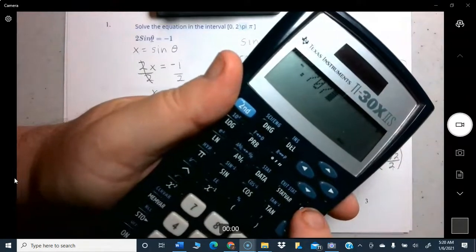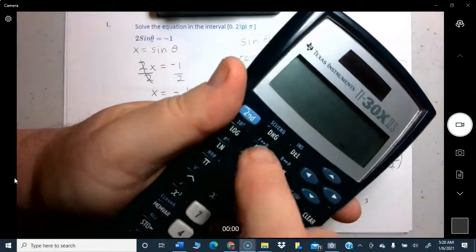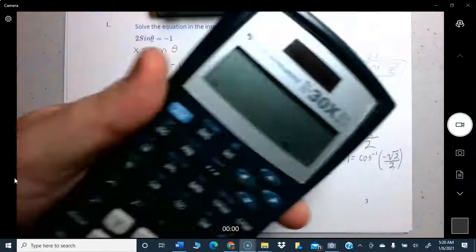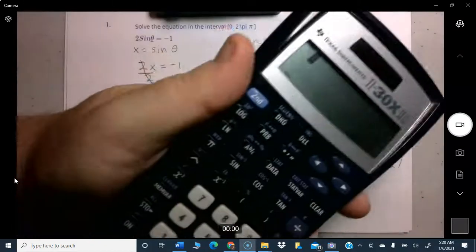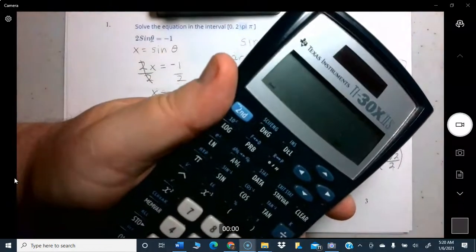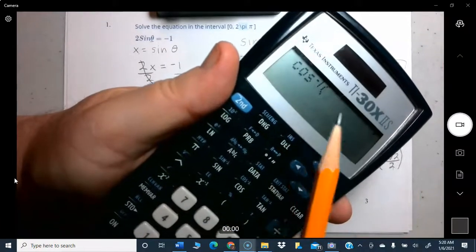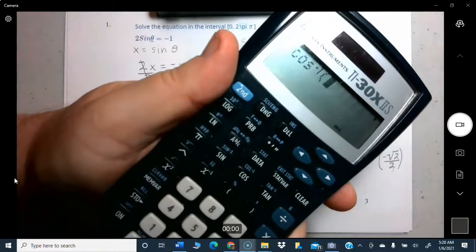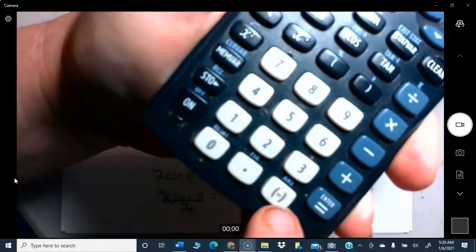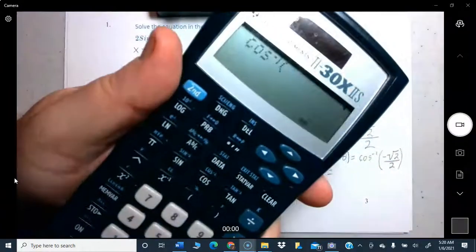Okay, so 0.707. But what I want to do first is take the inverse cosine, because that's what it's telling me to do here. So I have second cosine, there's inverse cosine, of negative, and remember to use this sign for a negative, not the minus sign. That would not work on this calculator.